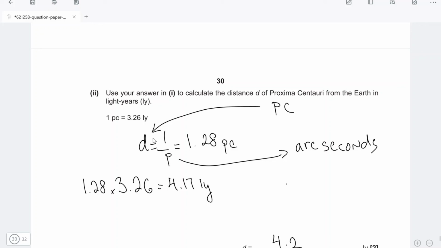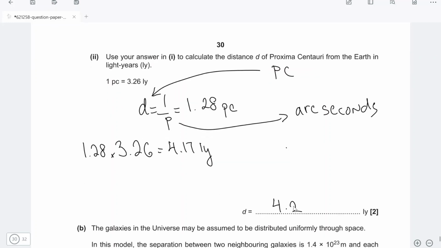So d is equal to 1 over p, 1 over 0.78 is going to give us 1.28 parsecs. We're given that 1 parsec is 3.26 light years, so multiplying by 3.26, we're going to get about 4.17 light years, and 4.17 light years is about 4.2 light years.